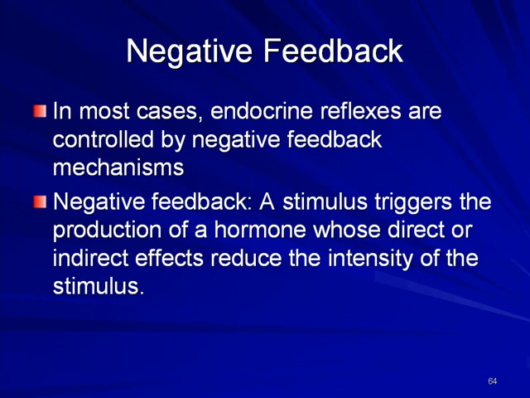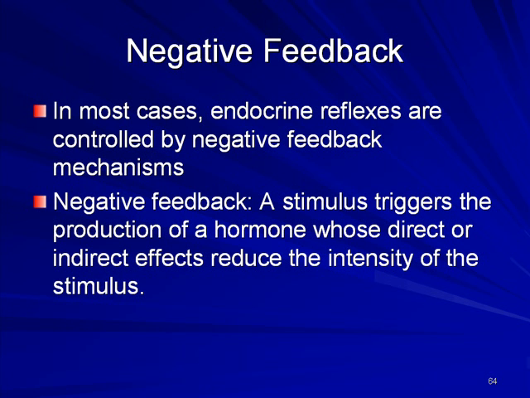Now, the negative feedback mechanism, which you're already familiar with from AMP1, but just as a review, because I already know you know this: in most cases, endocrine reflexes are controlled by negative feedback mechanisms. A negative feedback stimulus triggers the production of a hormone whose direct or indirect effect then reduces the intensity of the stimulus. So, something stimulates or triggers the production of hormone.